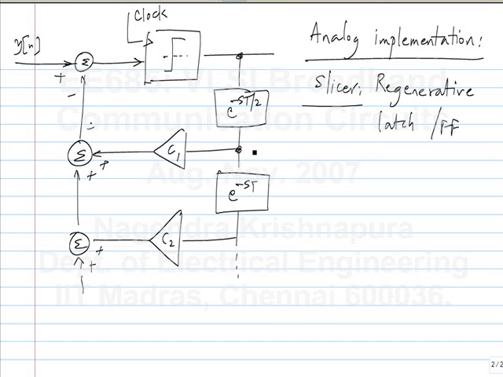Now this may not be explicitly implemented delay. It just accounts for the delay of all of these. You adjust the delay of all these blocks so that it becomes approximately half the clock cycle. Okay.